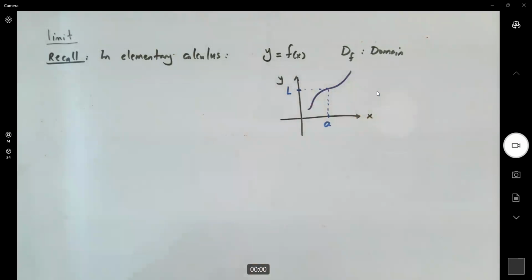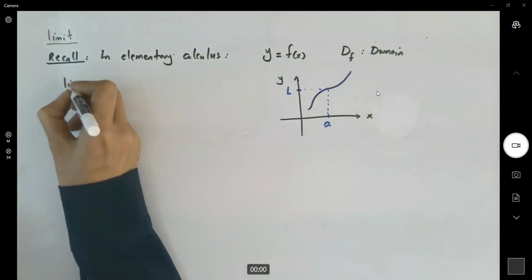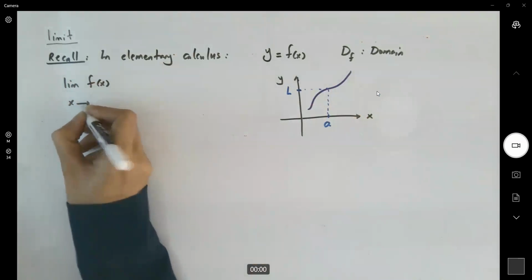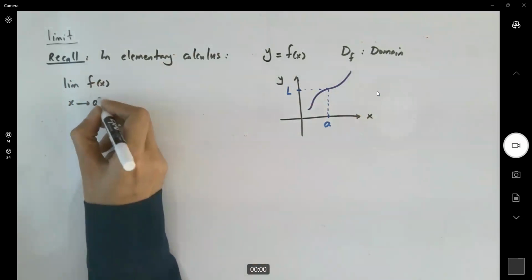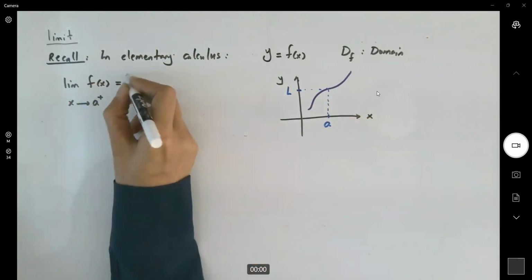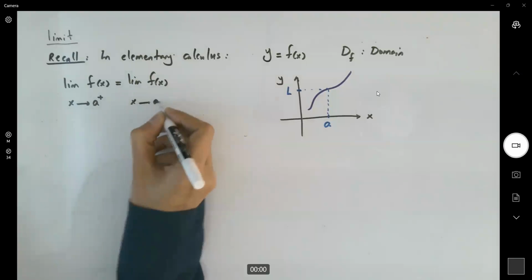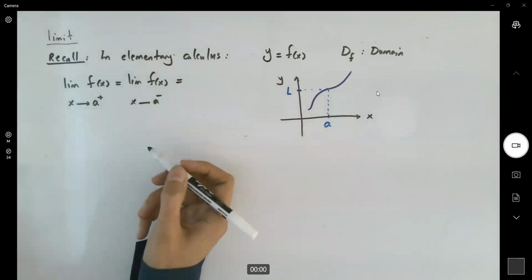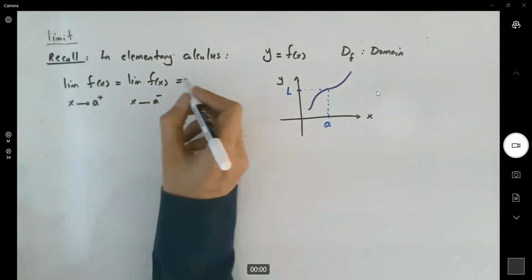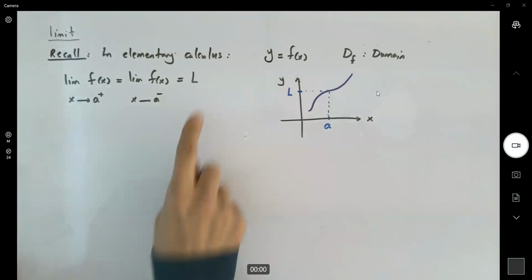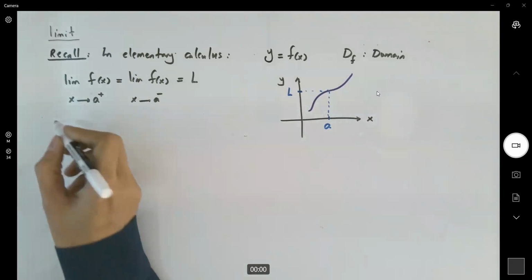Okay, let's say that the limit of the function f of x as x approaches a from the right side must be equal to the limit of the function as x approaches a from the left side, and both of them are equal to each other. It's equal to the y value L. In that case, we say that the function f has a limit at a.